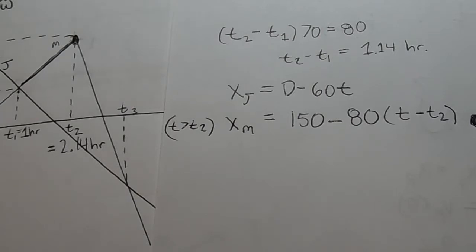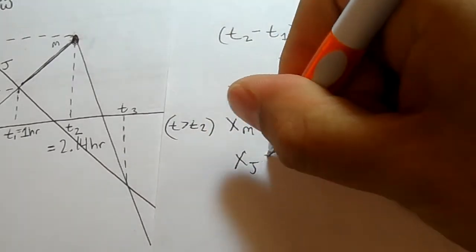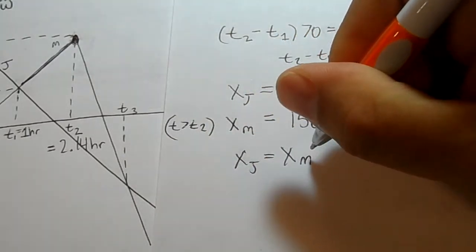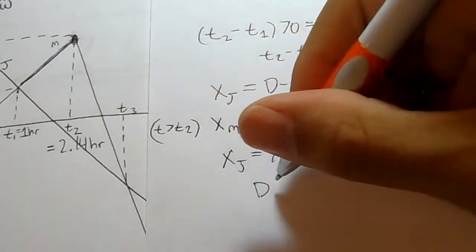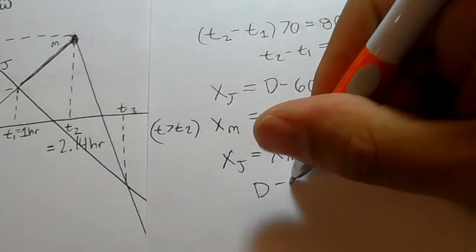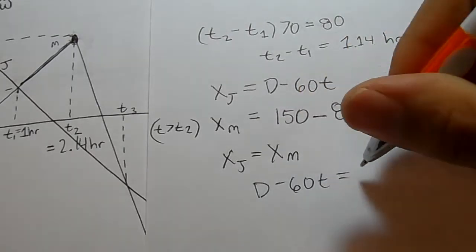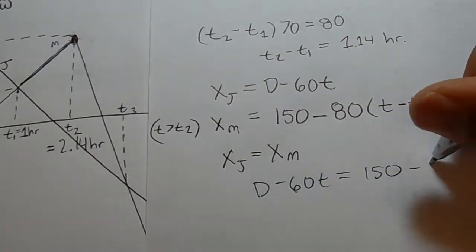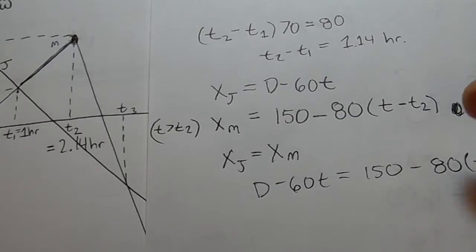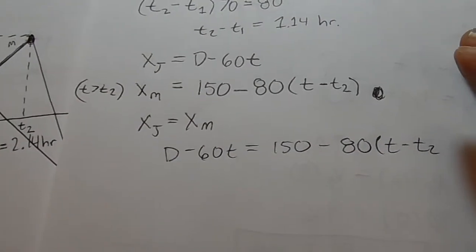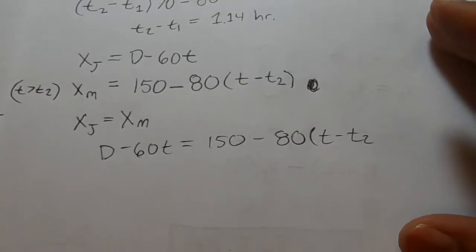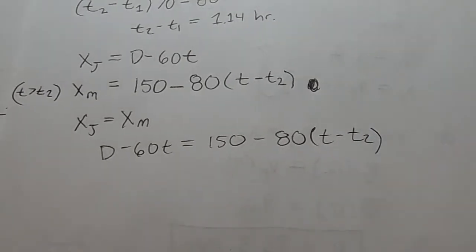Now if I want to find the time when they actually pass, I'm going to set those positions equal to each other, just like I did before for the first time they passed. X John equals X Meg, which means that d minus 60t is equal to 150 minus 80 times the quantity t minus T2. I'll scroll away from my drawing for a second here.